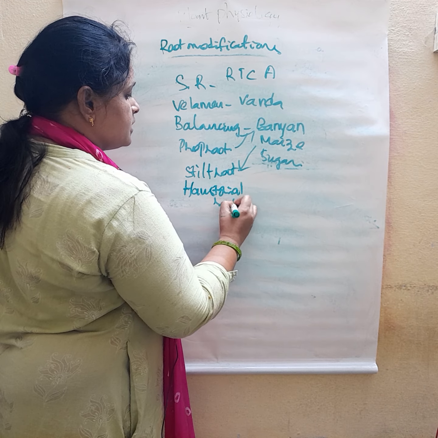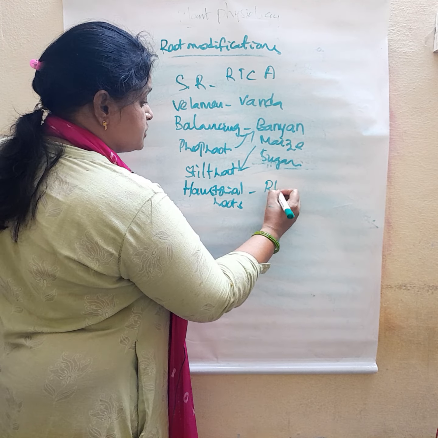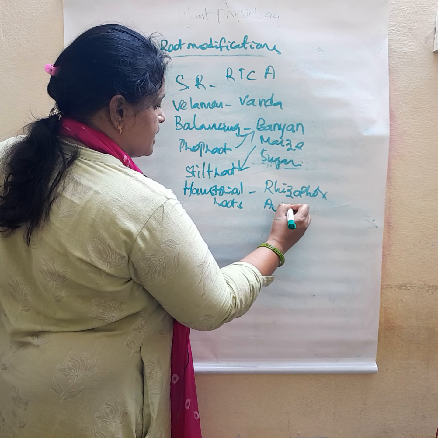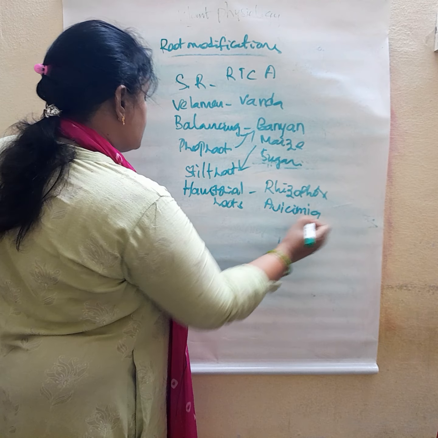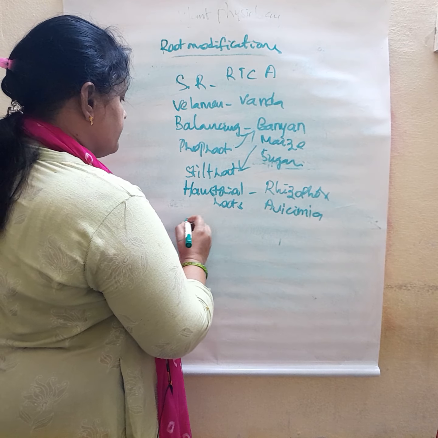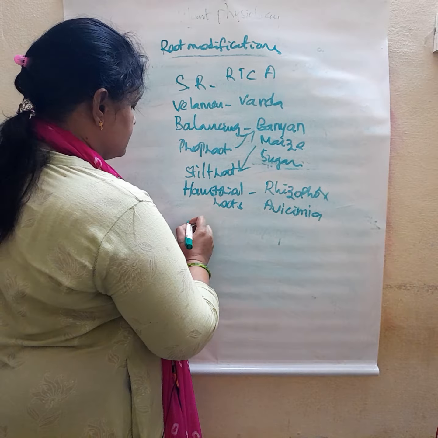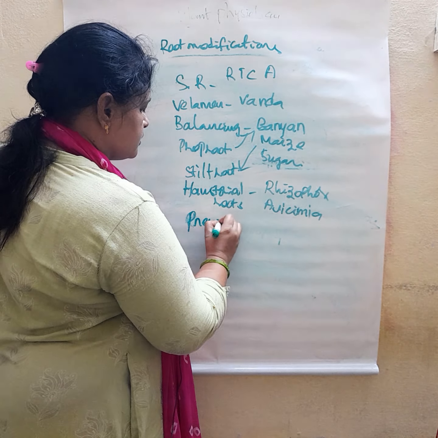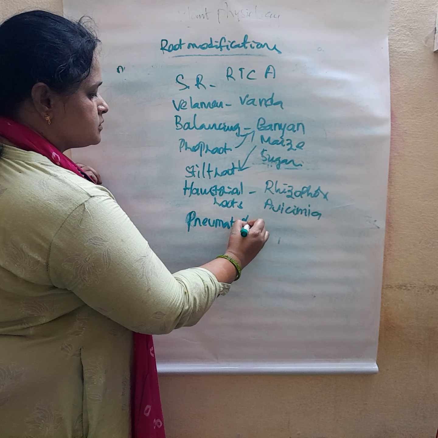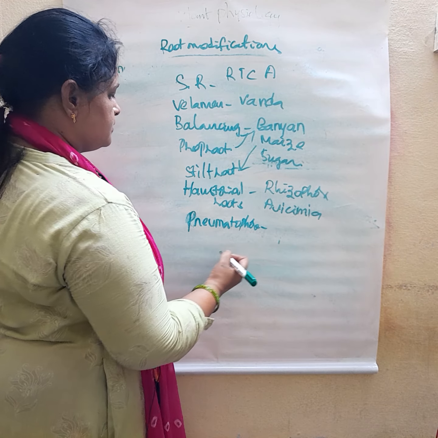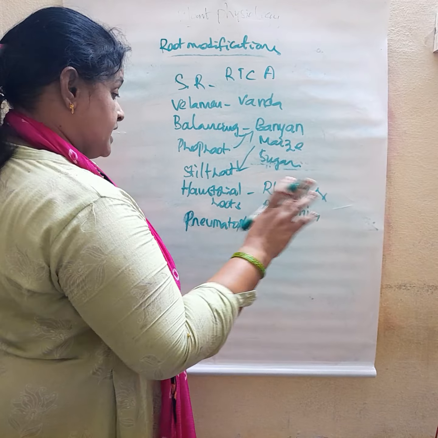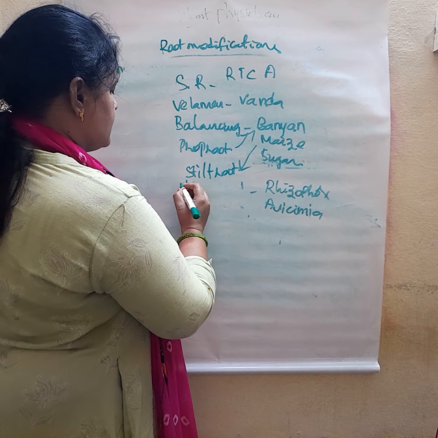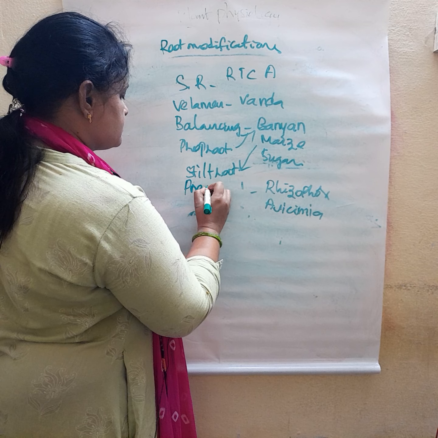Haustorial roots. Example, Rhizophora, Avicennia. Next, respiratory roots are called pneumatophores.